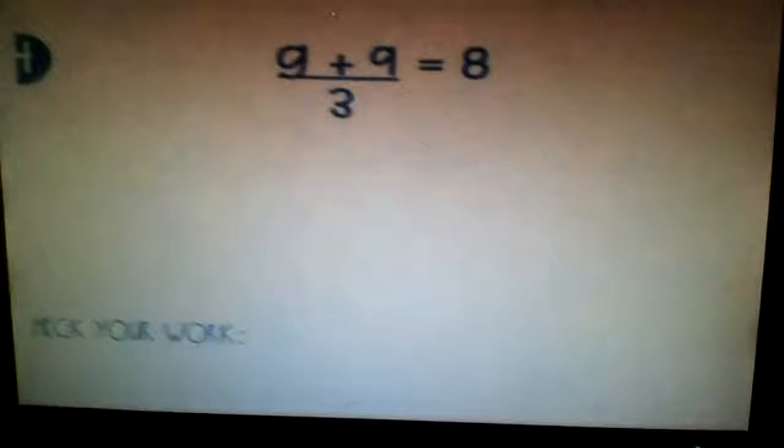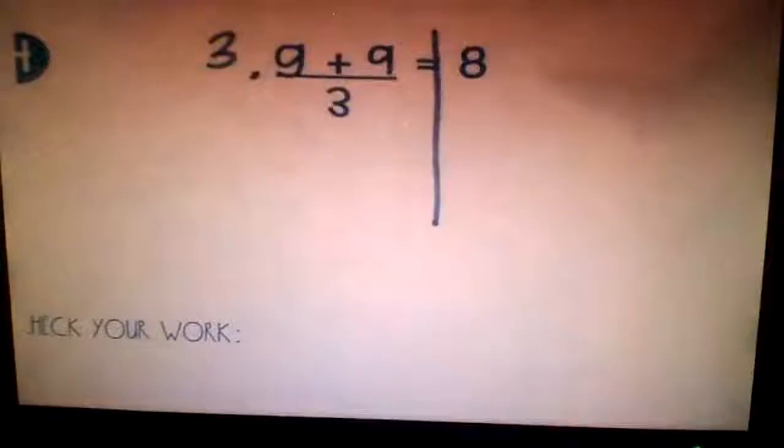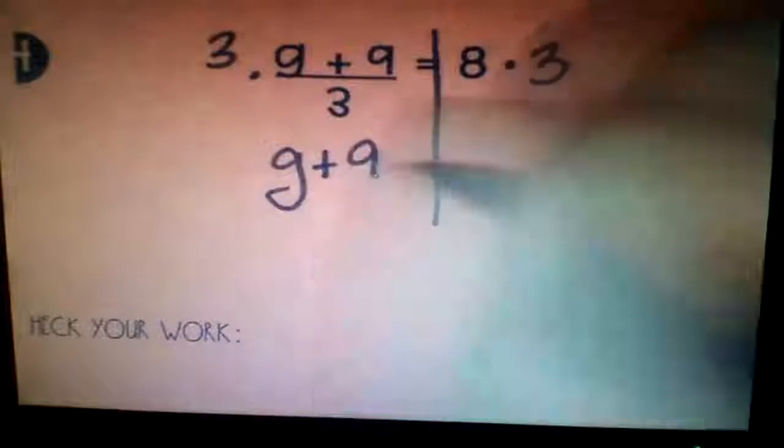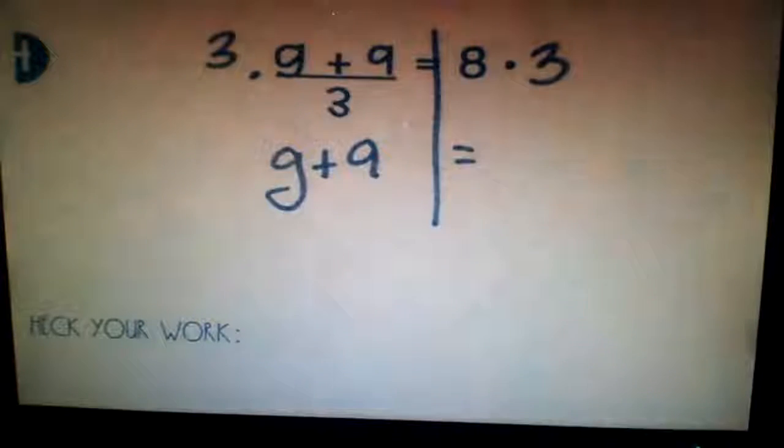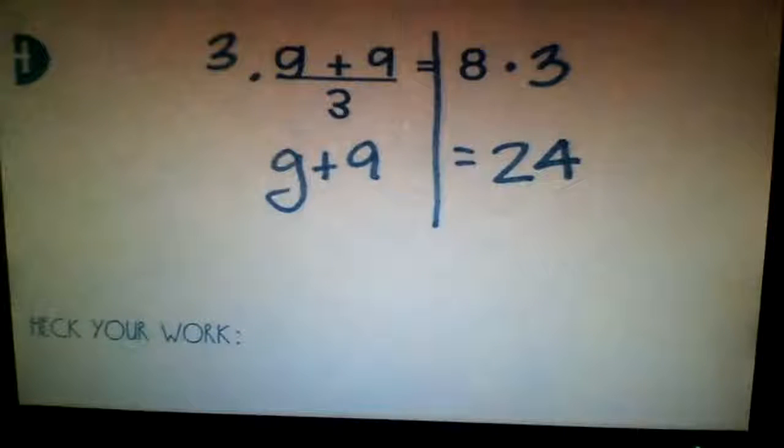Last one on this side and then some words. Okay, what's first? Multiply by 3. So you get G plus 9 equals 24. And then we're going to subtract.